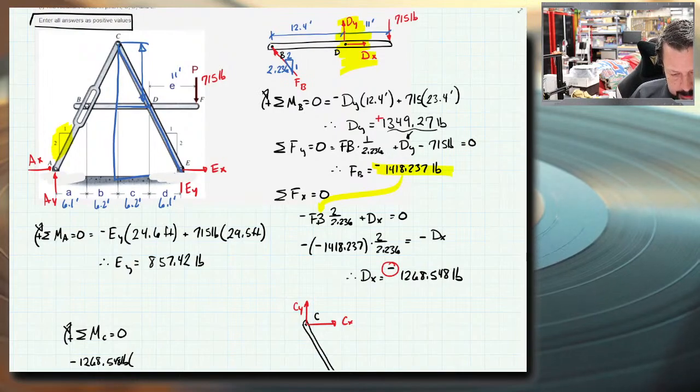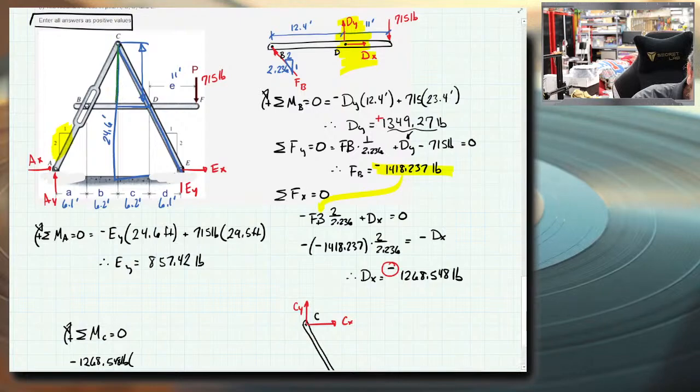And it has a ratio of 1 to 2 base to height. So that means its height is twice this. So the total height, 24.6 feet. And then I can do the similar triangles to get the height of just this section.